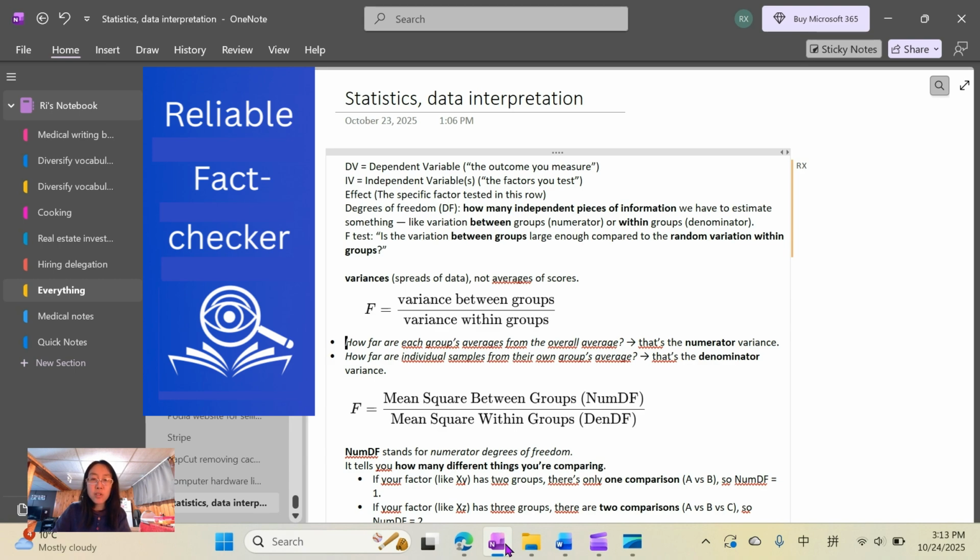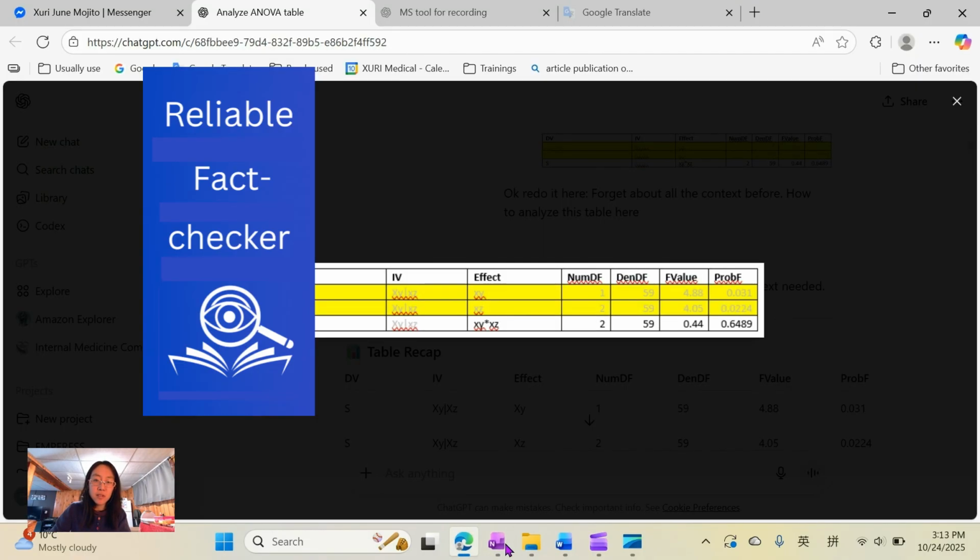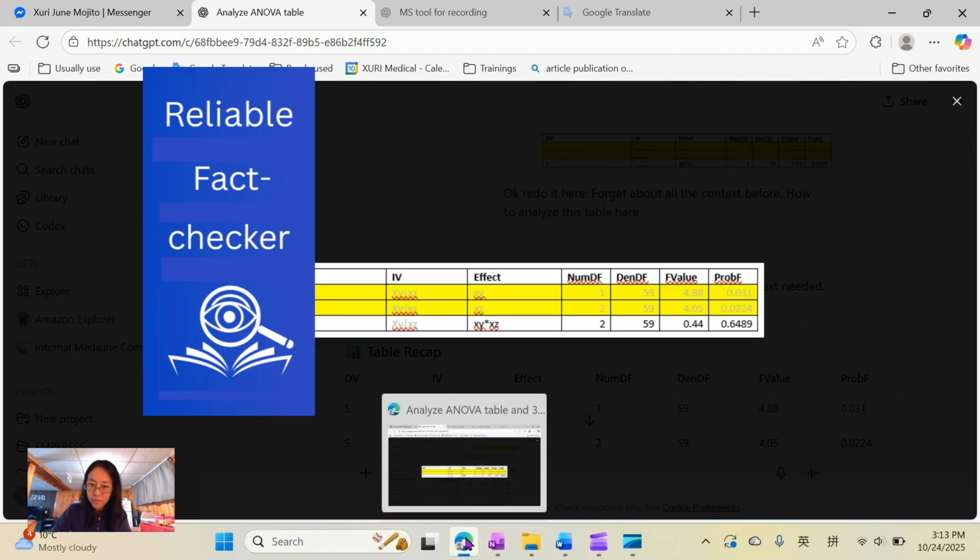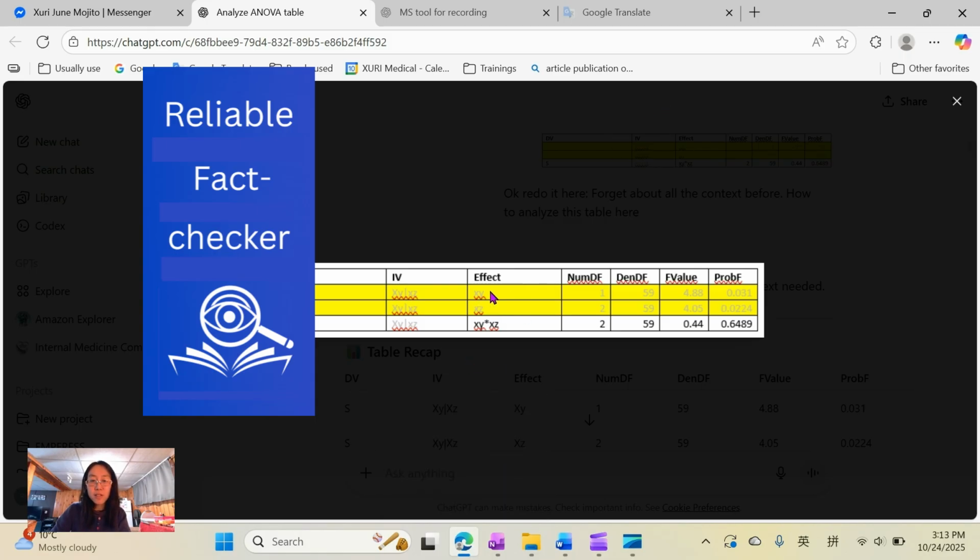So basically you're testing how the IV affects the DV. The IVs are what you list, usually 2 in ANOVA, or depending on my experience, in this case it's 2 IVs. And the effect is to look at them, so I name them XY and XZ. So the effect is to look at them separately and together. That's why there are 3 lines.